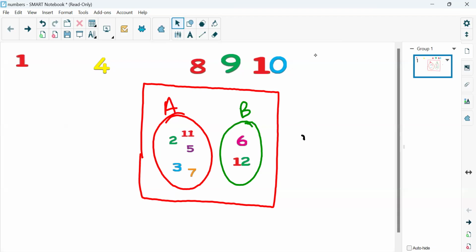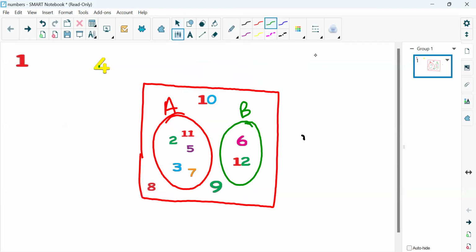What are we going to do with the rest of the people then? We're just going to put them somewhere. They should be somewhere, but not inside the circle. 10, 9, 8. And you see, I can put them anywhere outside the circles.